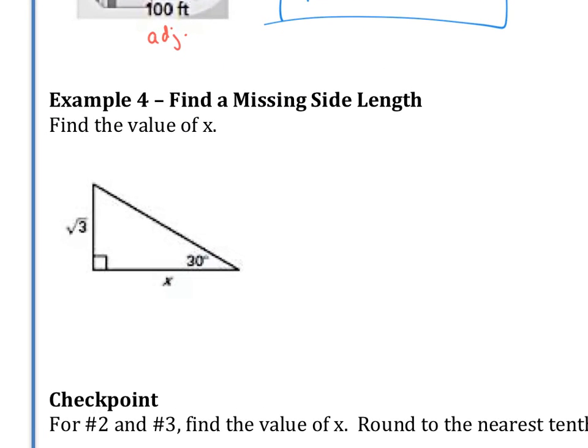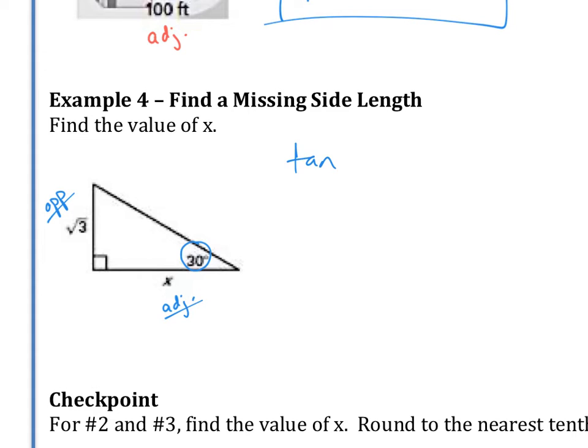All right, example 4, find the missing side length. So if we have 30 degrees, it's a right triangle. Square root of 3 is opposite, and x is adjacent. So we have the tangent ratio again, because tangent is when you have the opposite and the adjacent.